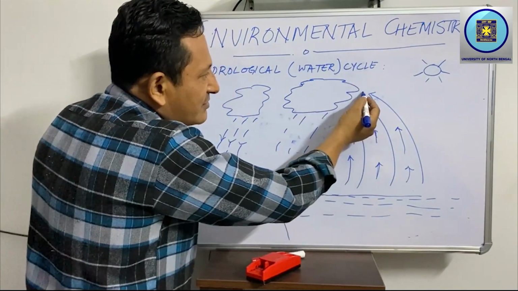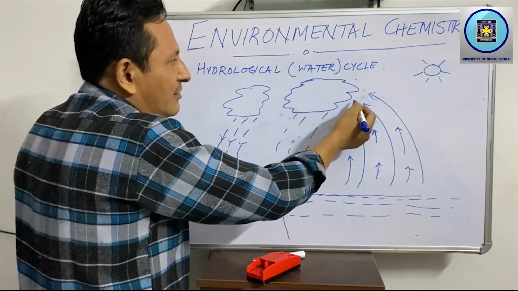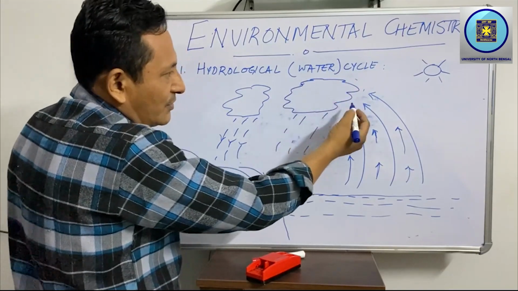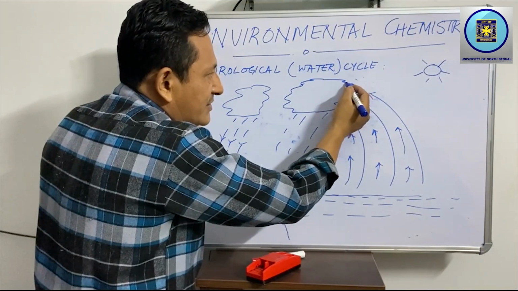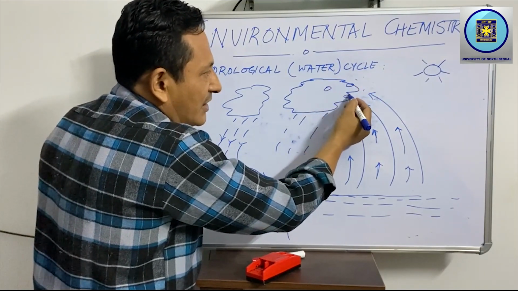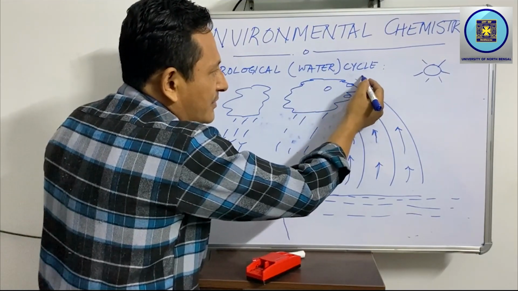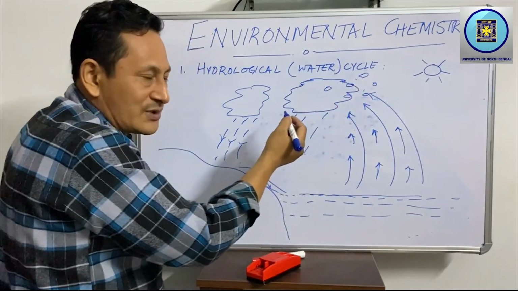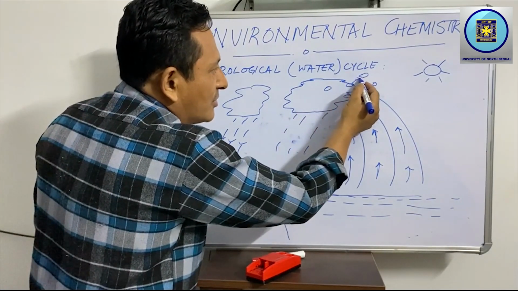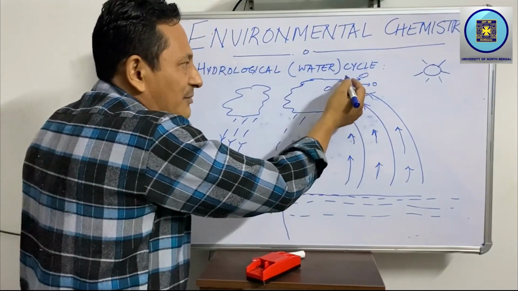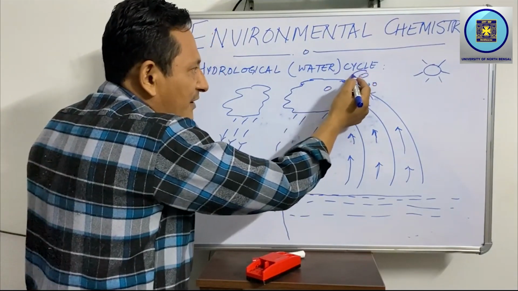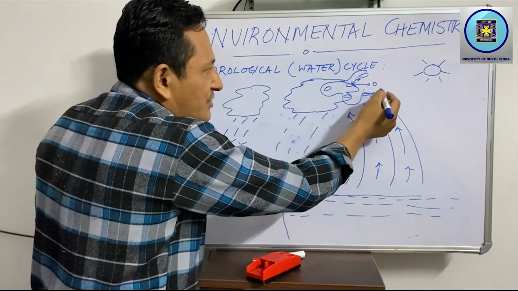Once it reaches a very high altitude, this water vapor slowly starts to condense. Here, the initial formation of the clouds takes place, and then they start colliding against each other, and they become bigger and bigger, and then it forms clouds.